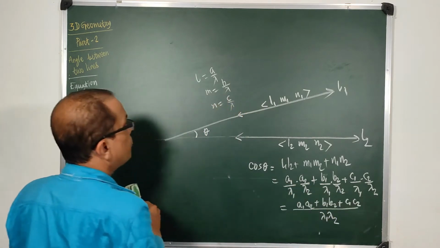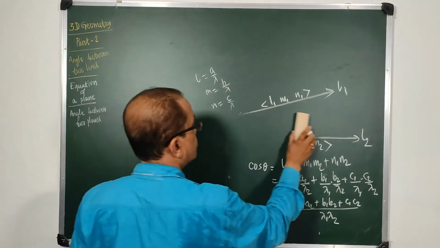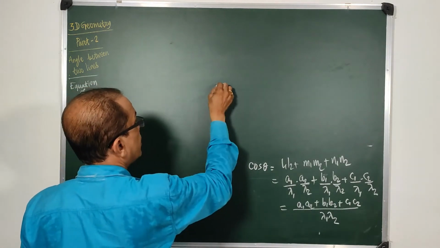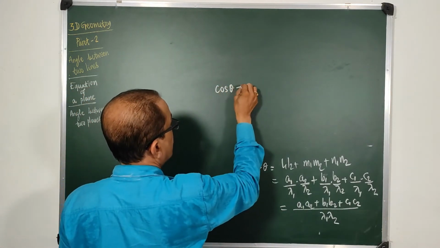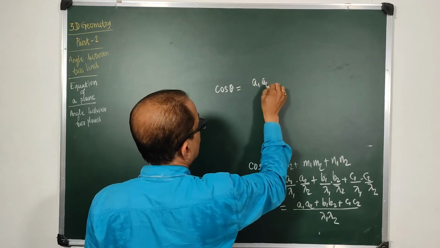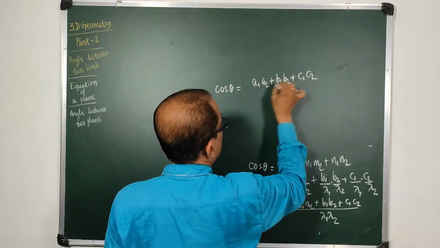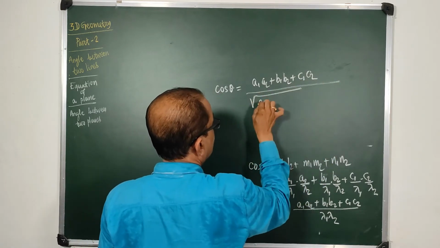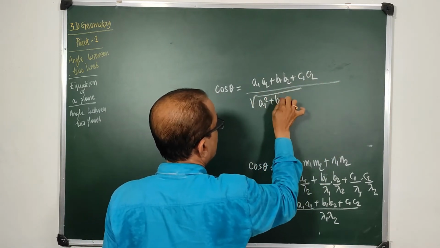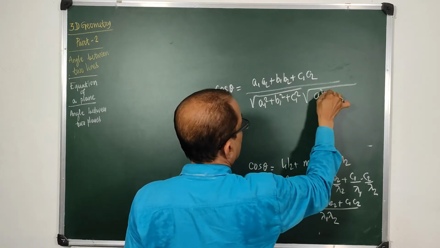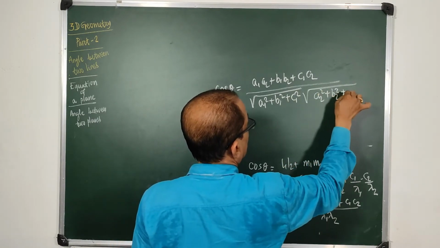In a typical textbook of mathematics, you will find this formula written like this: cos theta is equal to a1 a2 plus b1 b2 plus c1 c2 divided by root over a1 square plus b1 square plus c1 square times root over a2 square plus b2 square plus c2 square.